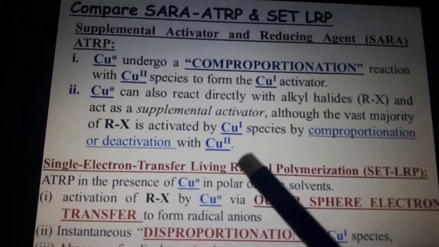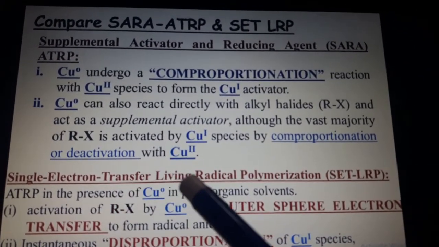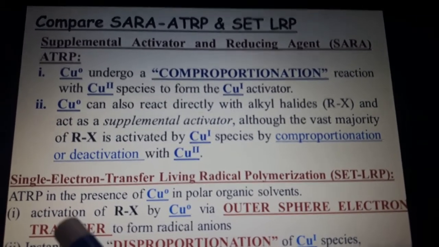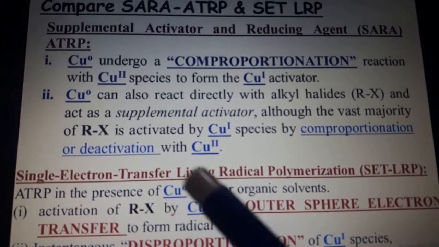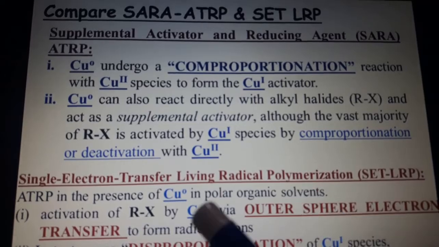Next in the comparative topic is single electron transfer living radical polymerization, that is SET-LRP. This is a kind of ATRP in the presence of this. This is responsible for the activation, mostly in polar organic solvent.